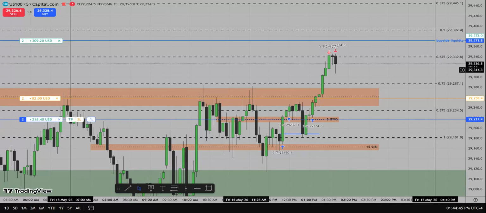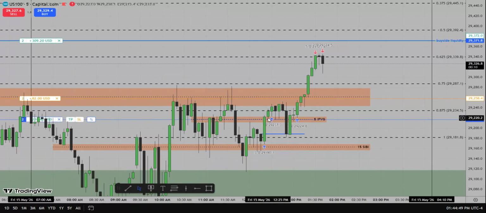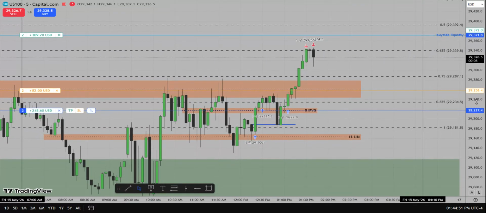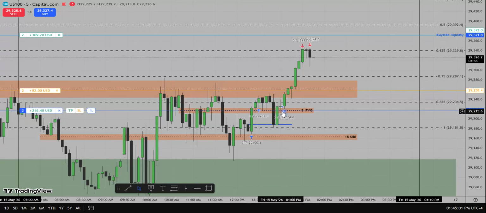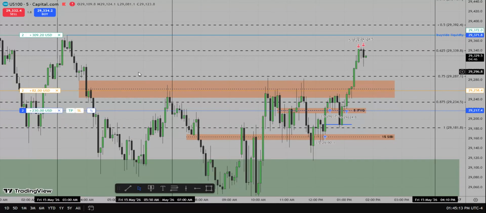You're observing me take this position here, one there, another one there, and another one there. Taking out my first partial there, and just another one there. What am I targeting?